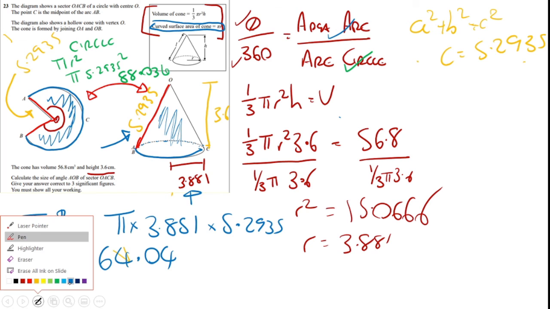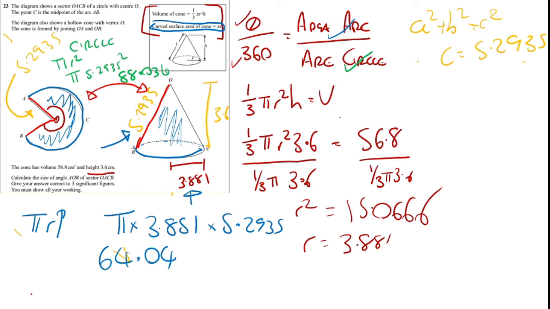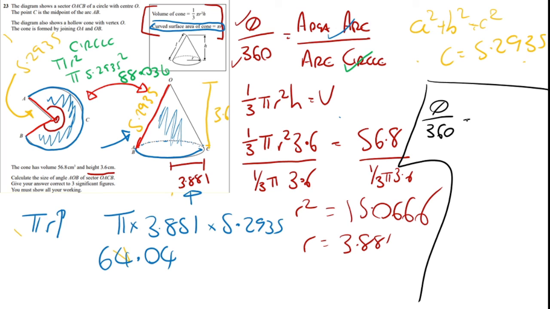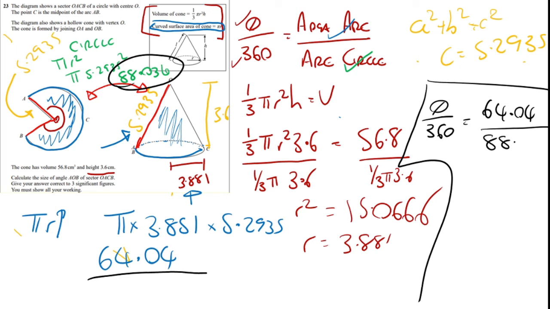Now I've actually got everything I need for the formula right at the top, which finally gets me to my answer. I'm running out of colour, so I'm going to do black. I've got theta over 360 equals my area of the arc, 64.04, over the area of my circle, 88.034. Then I times that by 360 to get theta on its own.